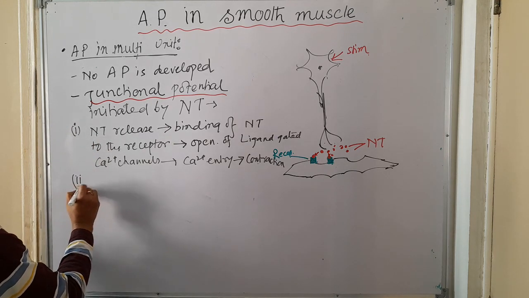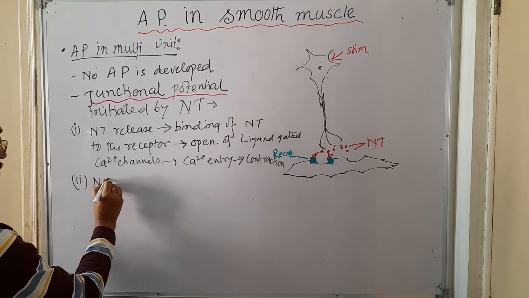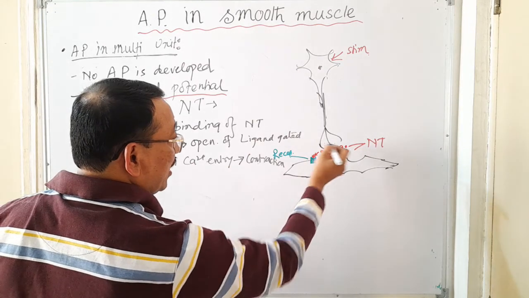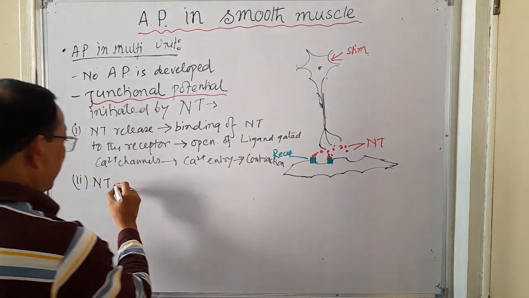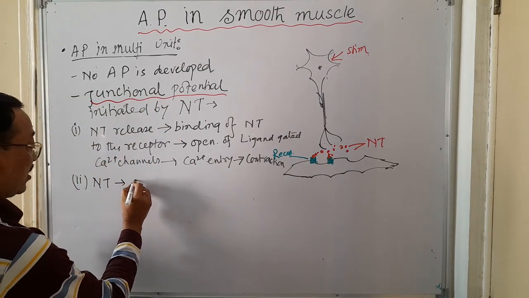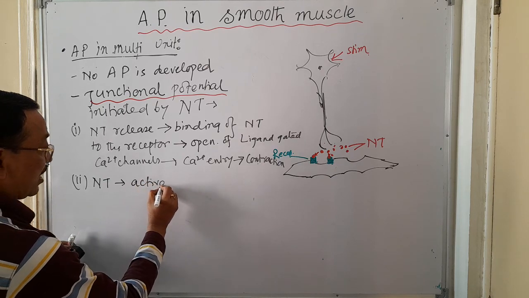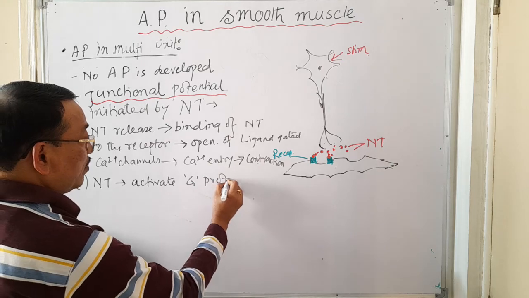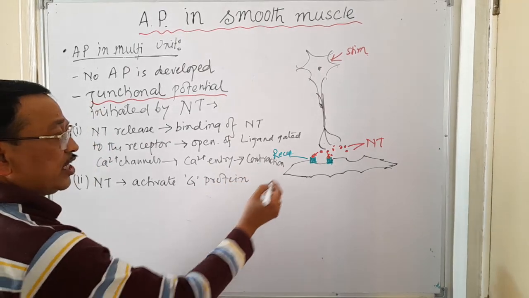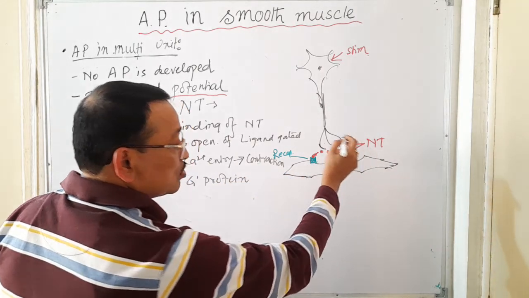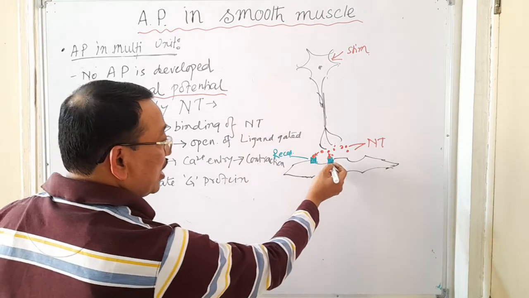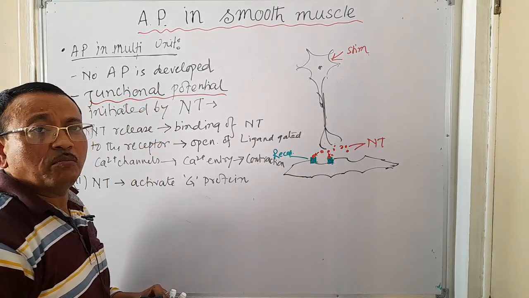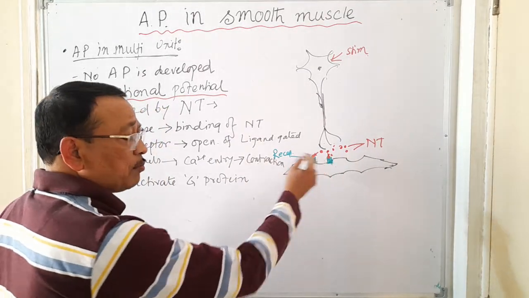Secondly, what's happened? Once the neurotransmitters are released, they will activate the G protein present in the multi-unit smooth muscle membrane.